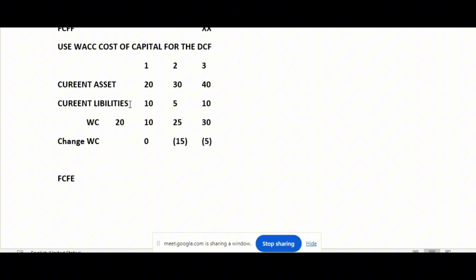You need to include the current liability for 2024, class. So at the end of the day, the working capital that you arrive at is this. Now, you can say 20 minus 10 is what? That is 10. Is that not so? Yes, sir. What happened to the working capital? There is a decrease in working capital. You add it. So I hope I've answered your question. Yes, sir.